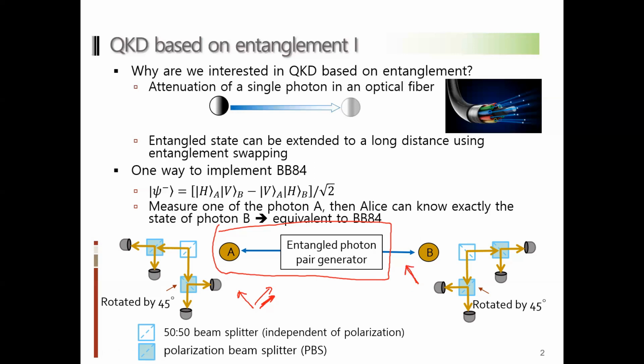So in principle, by measuring the A photon in a random basis between the HV basis and the diagonal basis, the corresponding photon at that time will be in orthogonal vectors.